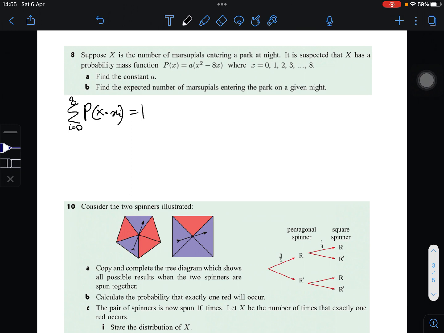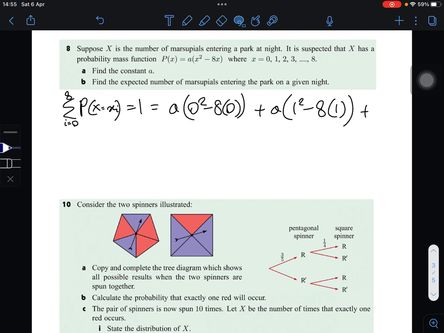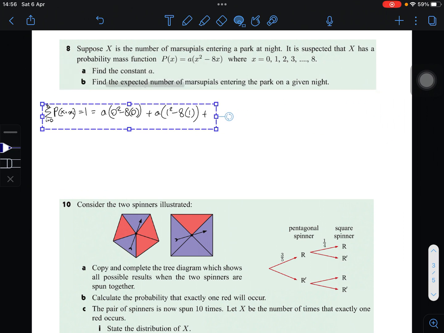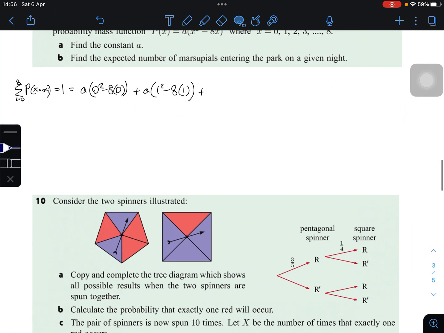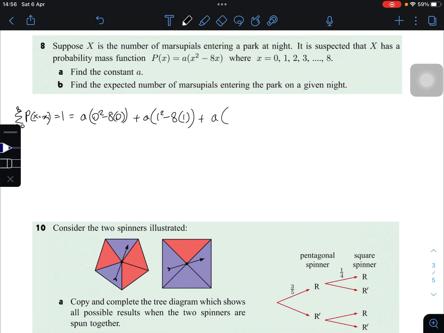So if we plug in 0 into this equation, this is just a bit long-winded, we would get a lots of 0 squared minus 8 times 0. And then the next term would be a lots of 1 squared minus 8 times 1. And the next one would be a lots of 2 squared minus 8 times 2.